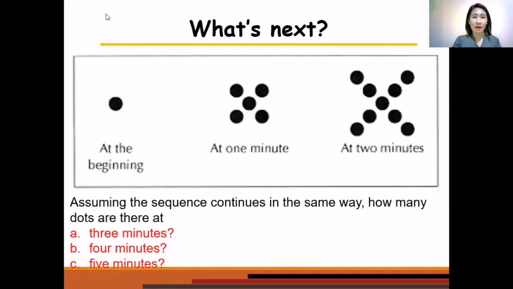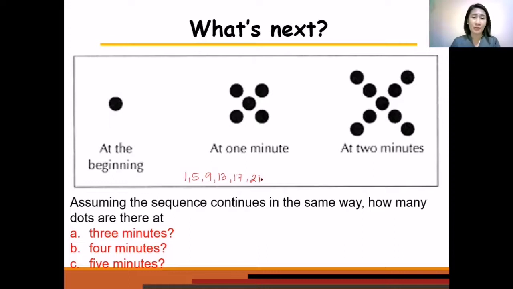You actually came up with patterns. So at the beginning, you have 1, and then at 1 minute, it became 5, and then at 2 minutes, it became 9. So writing it down, you actually have 1, and then 5, and then 9. If we're going to continue the pattern, we're going to have 13, 17, 21.